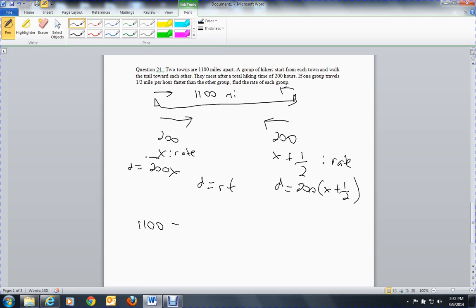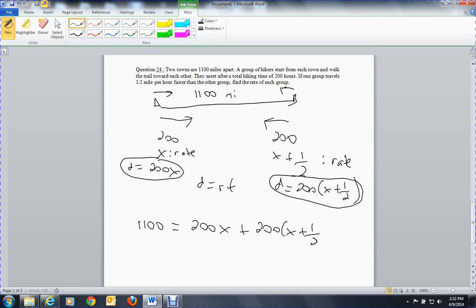So if I take the distance that A traveled and the distance that B traveled and add those two together, it gives us a grand total of 1,100. Well, that's our equation: 1,100 equals 200X plus 200 times (X plus 1/2), and solve from there. And that's the approach I would take. As always, if you have any questions, just let me know.